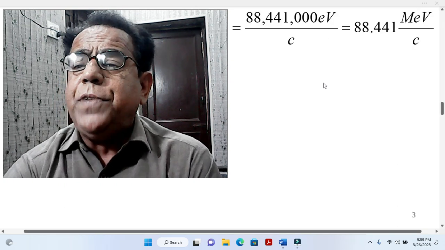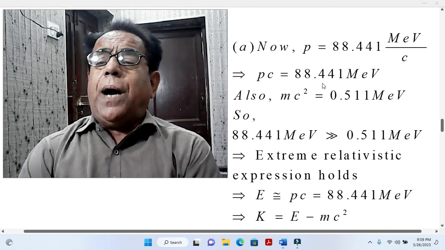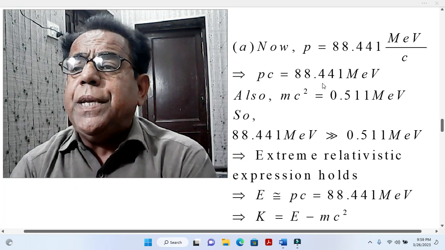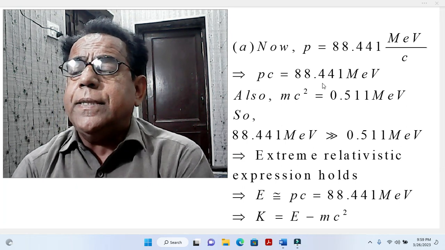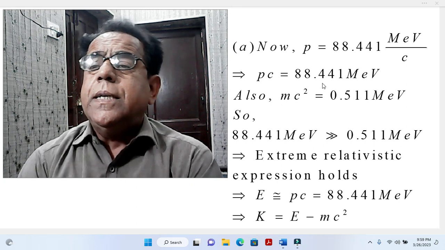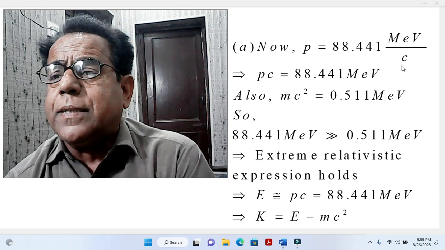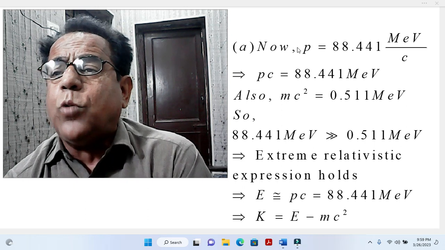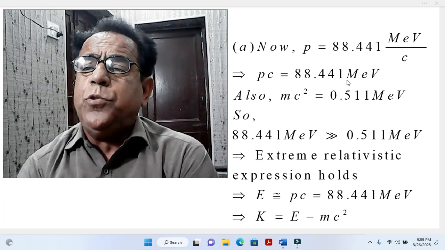Now we are going to start part A. Part A says that P is equal to 88.441 million electron volt over c. This value we have calculated in the above step. This implies that if we move c to the other side of the equality, then pc is equal to this. No confusion.